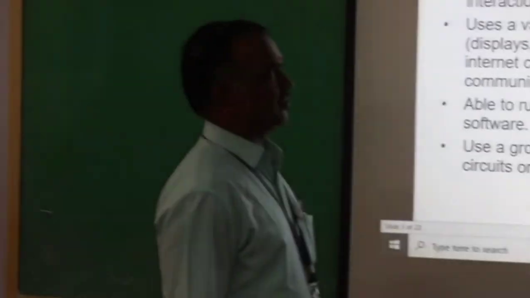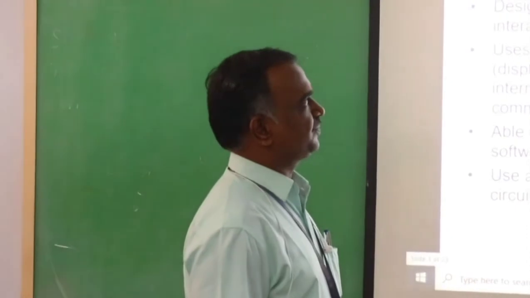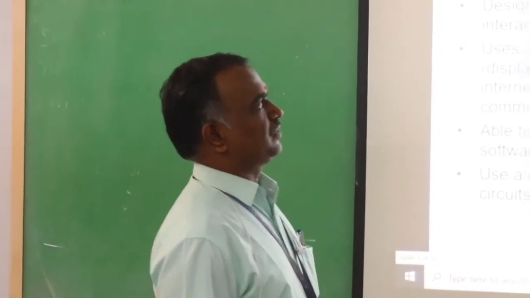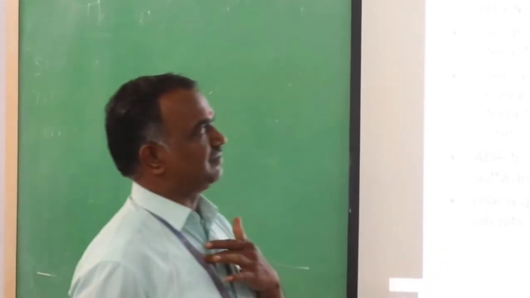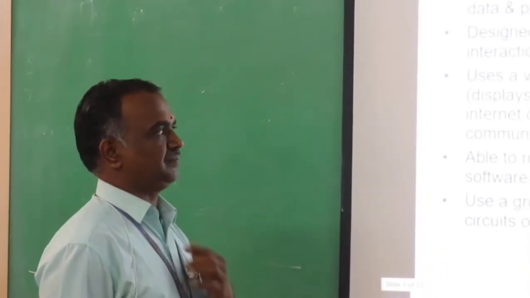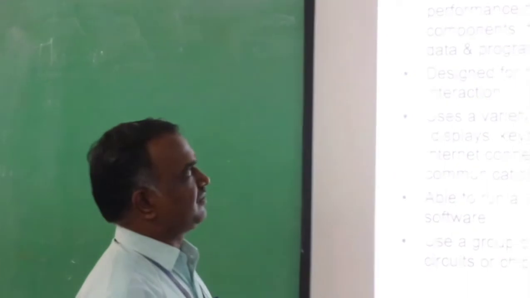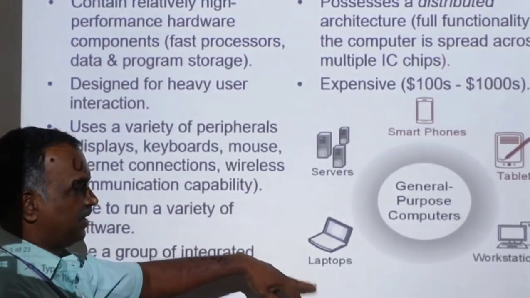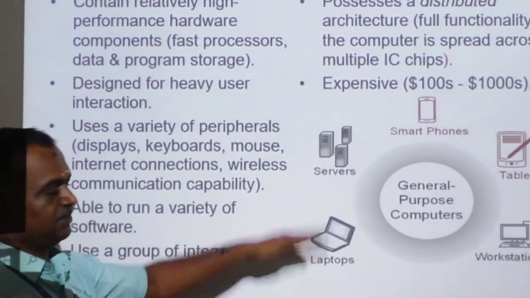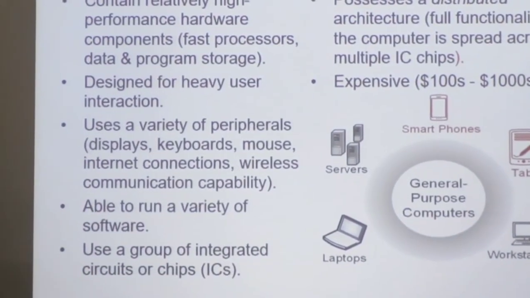The cost of the equipment may be very expensive. It may possess a distributed architecture, that is, the full functionality of the computer is spread across multiple IC chips. Examples of general purpose computers are smartphones, tablets, servers, laptops and workstations. These are the basic examples for general purpose computers.